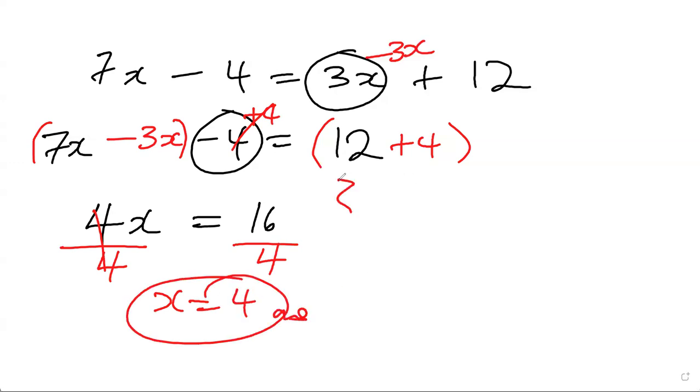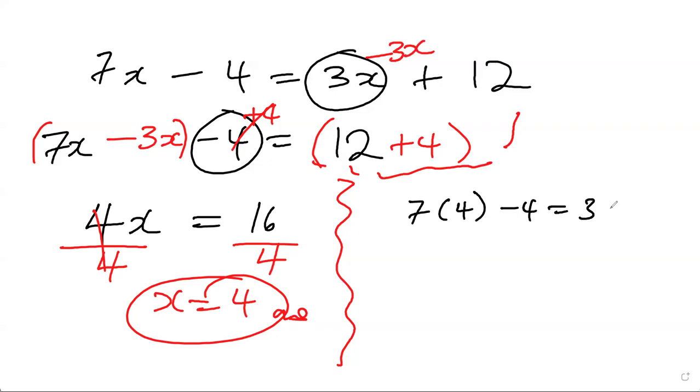Let's double check, see if we get the correct answer. Both sides must equal, right? Let's try that. So we have 7 times, because we know x is 4, 7 fours minus 4. Will that equal 3 times 4 plus the 12?